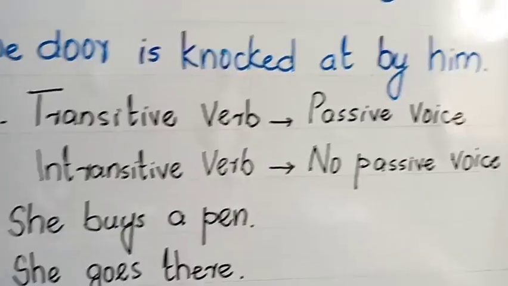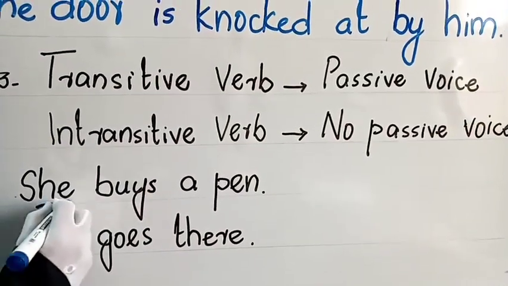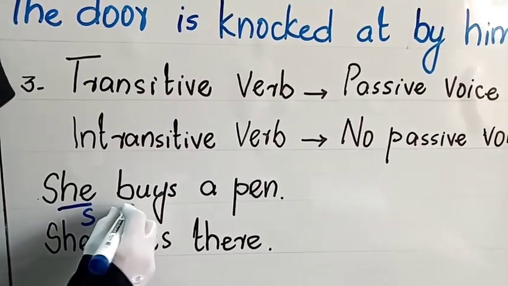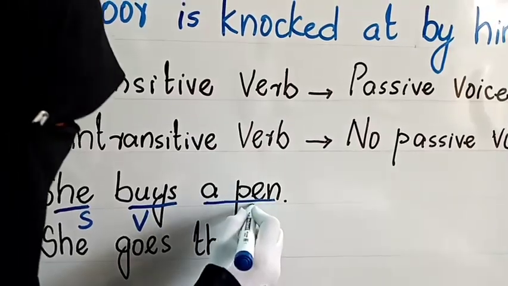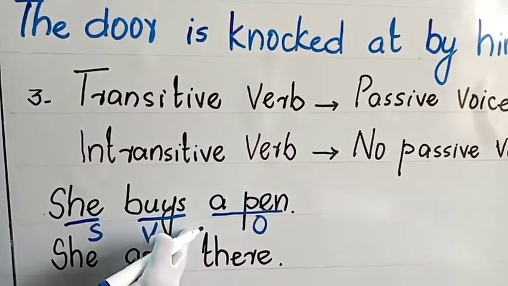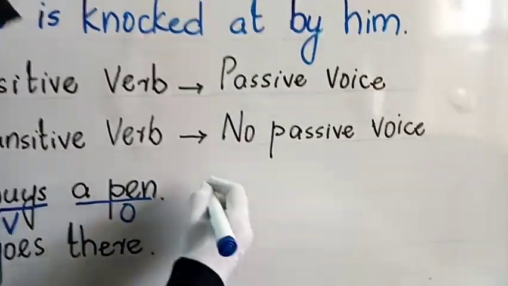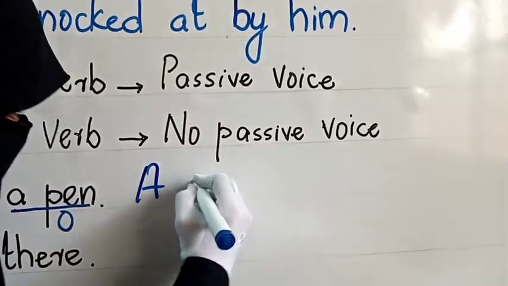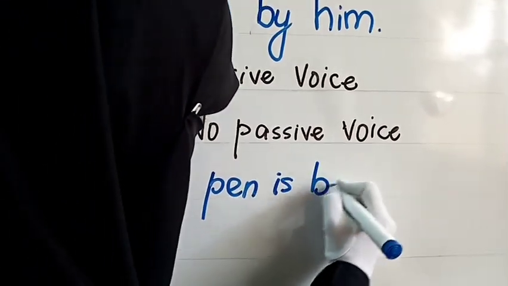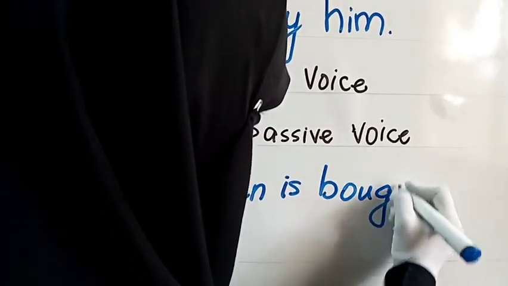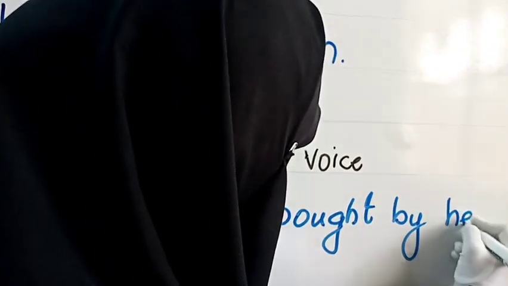So for example, she buys a pen. If we look here, she is the subject, buys is the verb, and a pen is the object. So this verb is a transitive verb, and this can be changed into passive voice. The passive voice will be, a pen is bought by her.